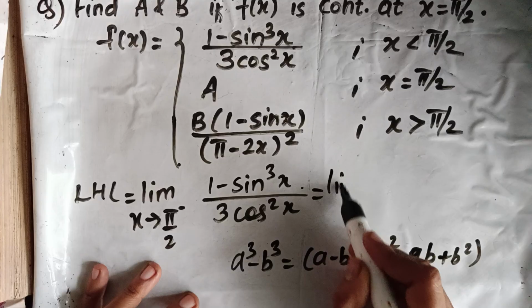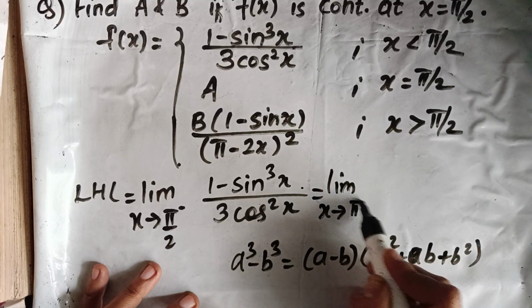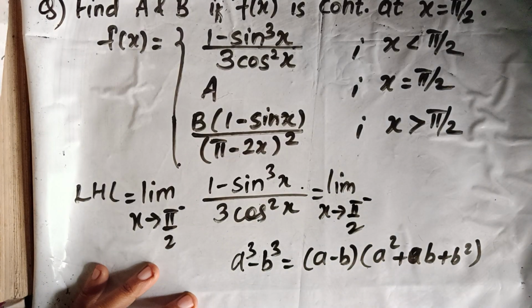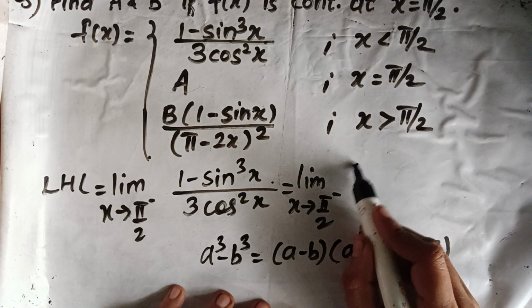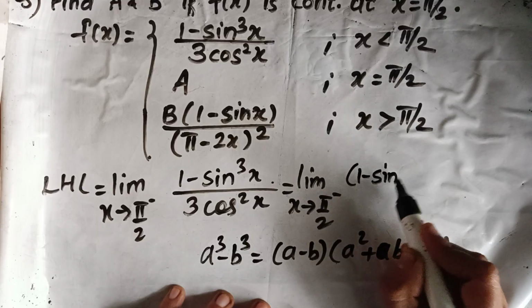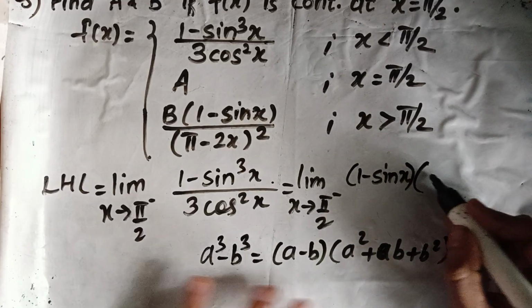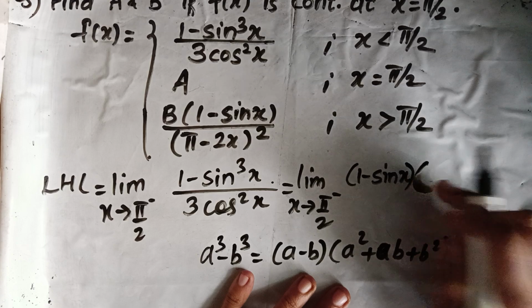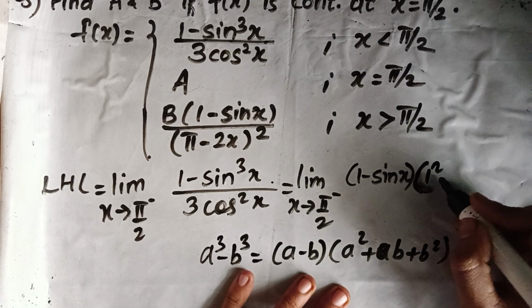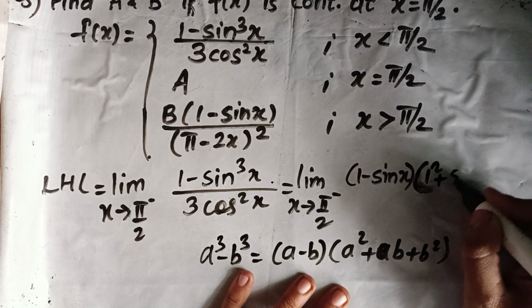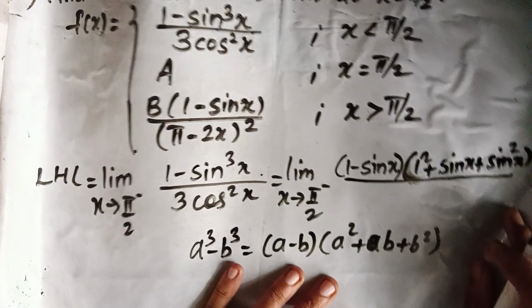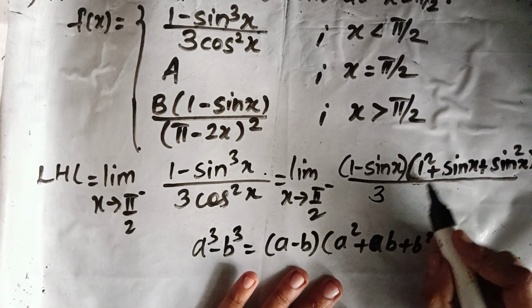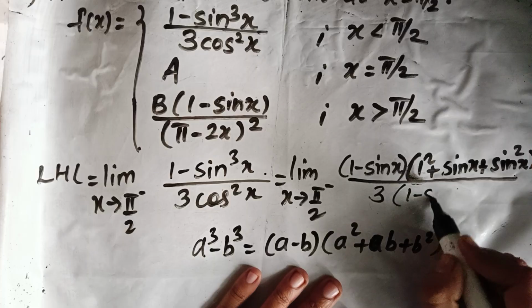So using that, we can write this as (1 minus sine x) into (1 square plus 1 into sine x plus sine square x) upon 3 cos square x. You can write cos square x as 1 minus sine square x.